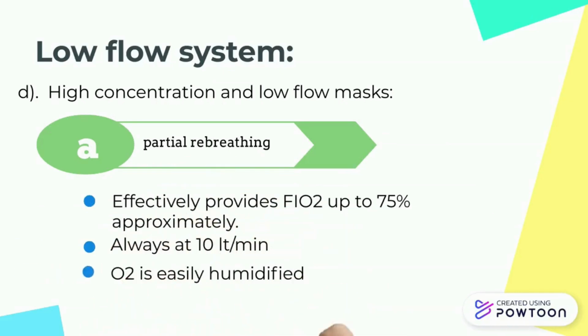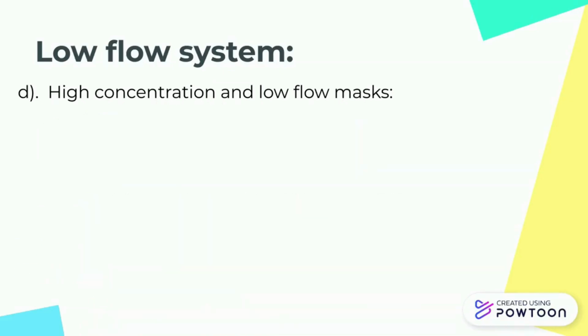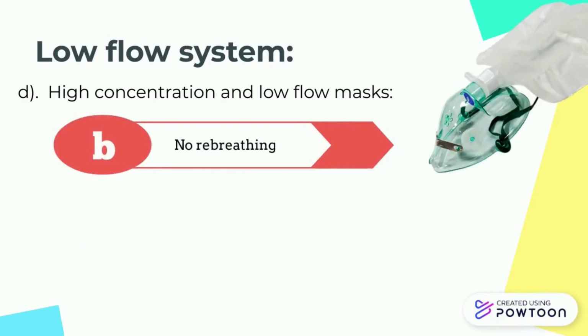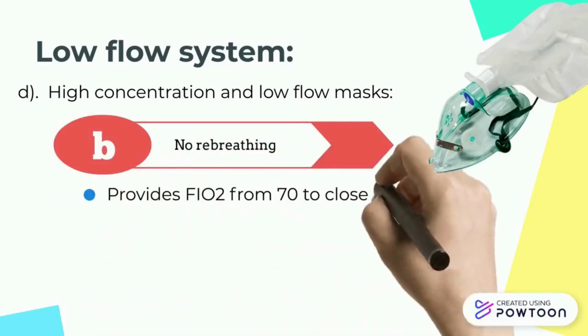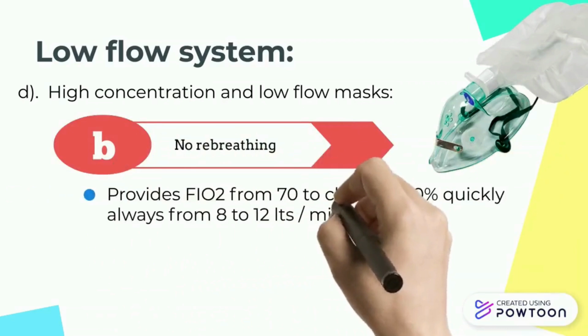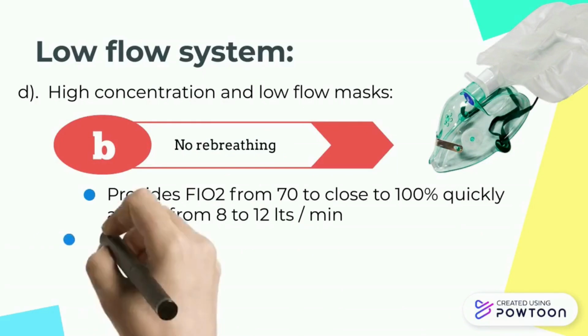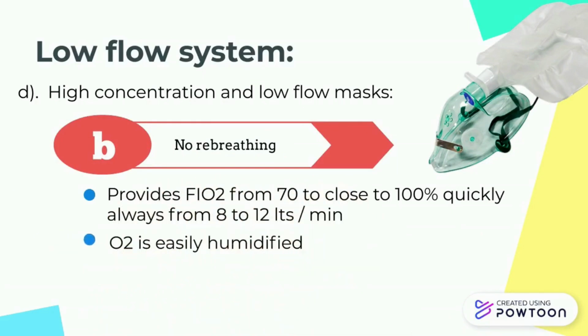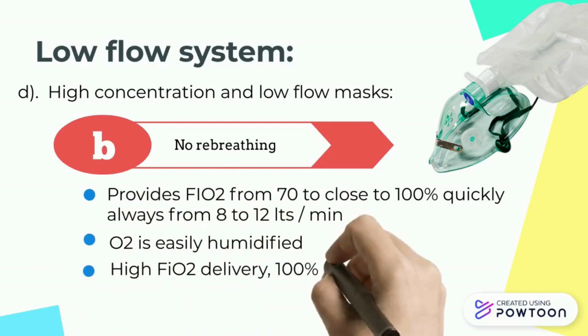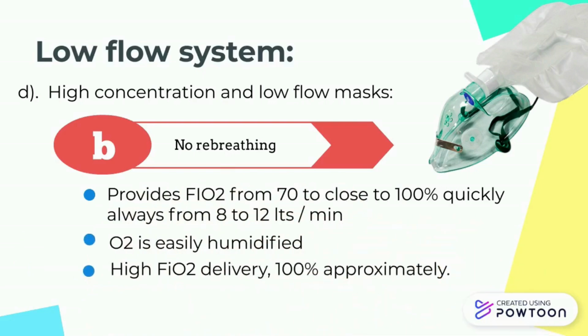O2 is easily humidified. 2. Non-reinhalation provides FiO2 from 72% close to 100%, quickly, always from 8 to 20 liters per minute. O2 is easily humidified, high FiO2 delivery, 100% approximately.